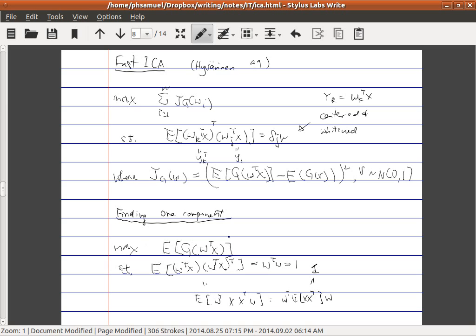Since we only have one w, there's no wj, wk, we just have w. So we should have this equal to 1. Because we already whitened the data, the expectation of w transpose x x transpose w is equal to this guy here, and the expectation of xx transpose is still the identity matrix. Therefore, we simply have w transpose w equal to 1.